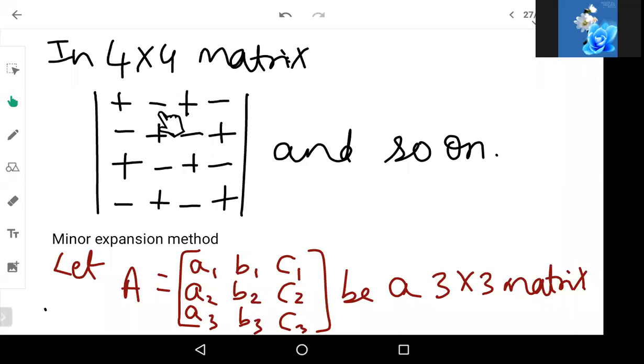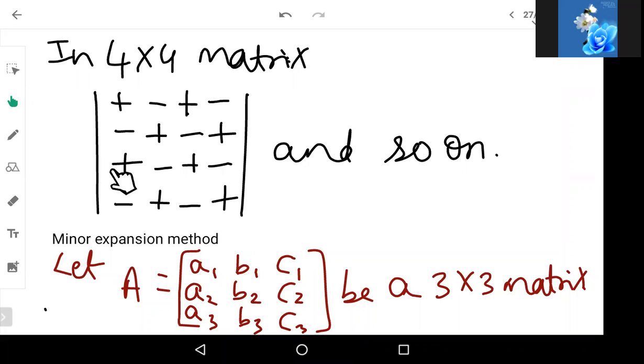So plus, minus, plus, minus. In the first row, you start with plus and then go on with the alternate sign, that is plus, then minus, again plus, again minus. But when it comes to the second row, the first row starts with plus and the second row starts with minus. So minus, plus, minus, plus.